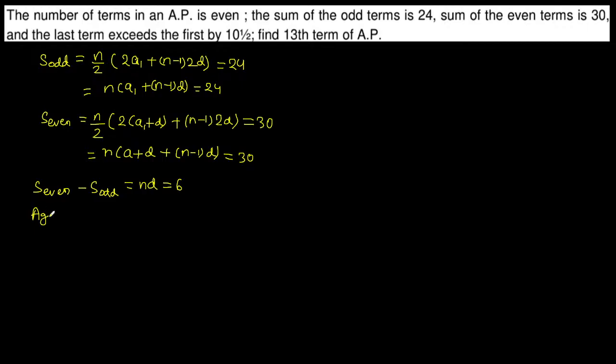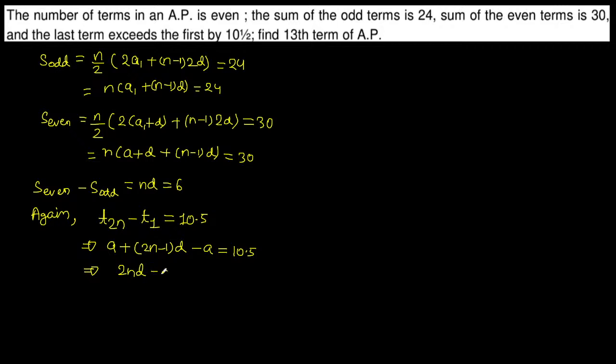Again, we are told that t2n minus t1 is equal to 10.5. This is a plus (2n minus 1) into d, minus a, equal to 10.5. This is 2nd minus d equal to 10.5.